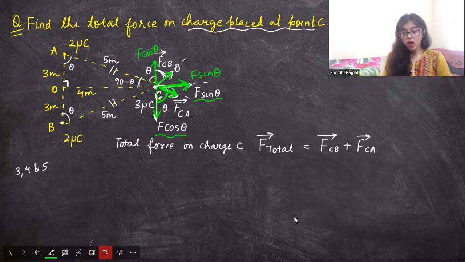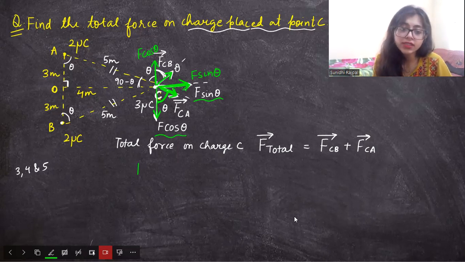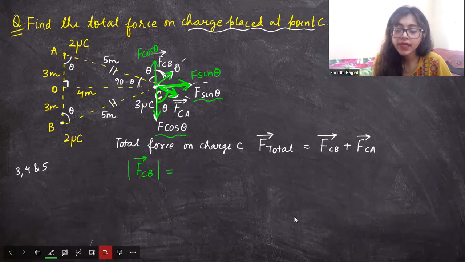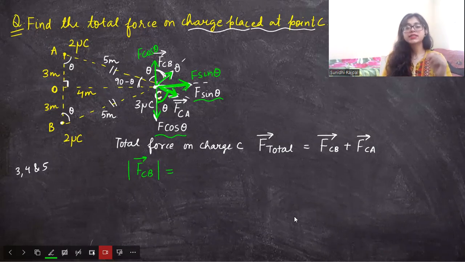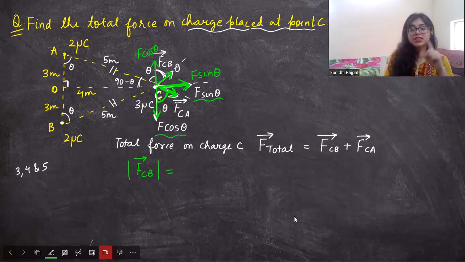Okay, so now let me see first what is the magnitude of force CB. So the magnitude of force CB, let us calculate. So that is the force on C due to B. What is the force on C due to B?